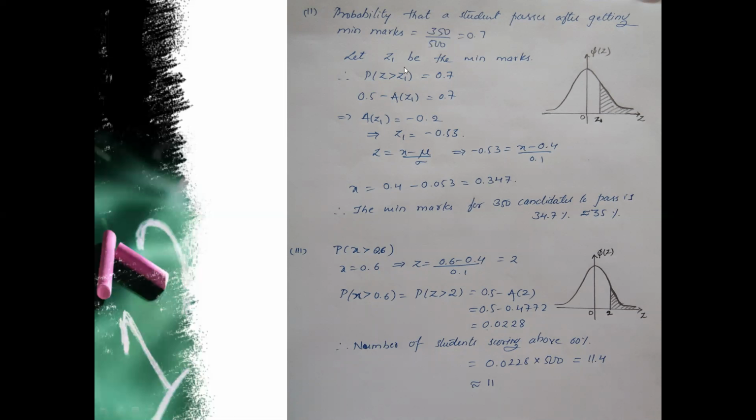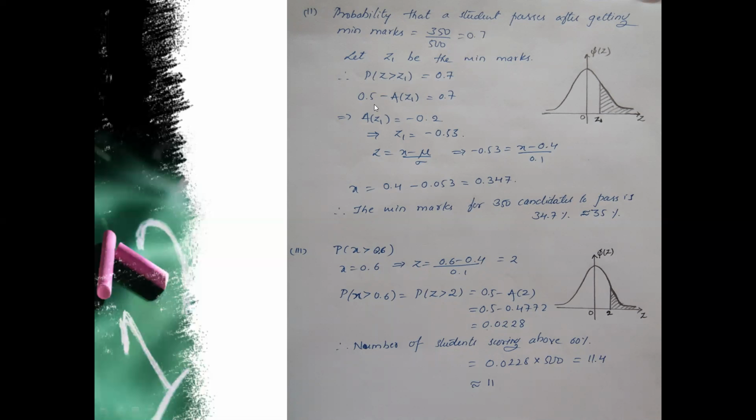Now let Z1 be the minimum marks. The probability that we want is Z is greater than Z1. The student should score more than this minimum marks. We don't know what those marks are. It should be equal to 0.7. The probability that a student scores more than Z1 is 0.7.